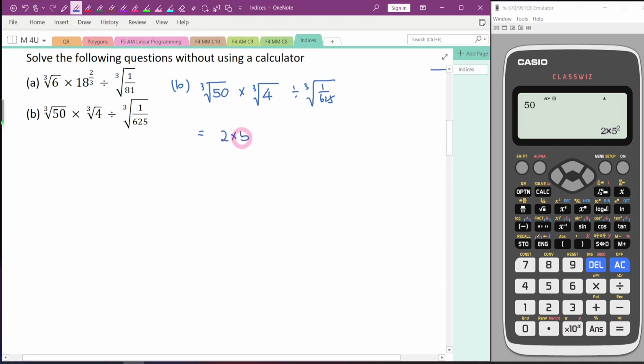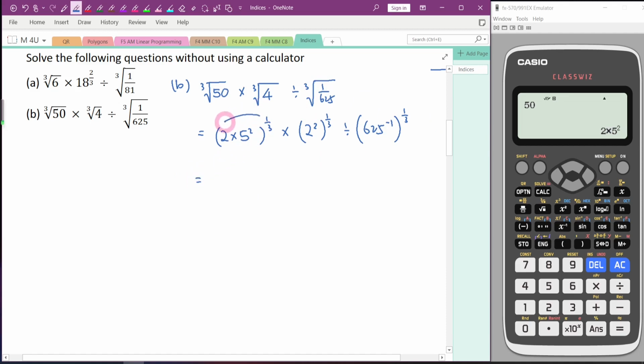Cube root means power 1 over 3. For this one, I think you don't have to use the calculator, right? It's quite easy. 4 is actually 2 power 2, cube root, power 1 over 3. Divided by, I'm going to change 625 to power negative first, and cube root to power 1 over 3.